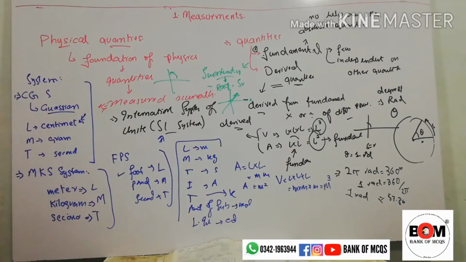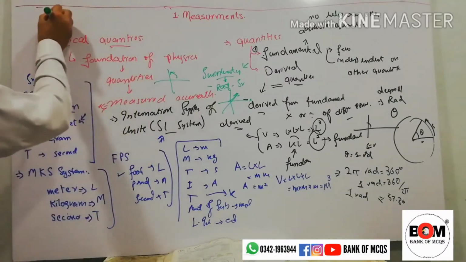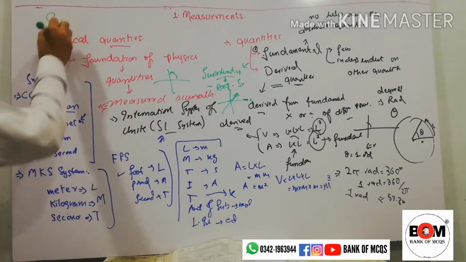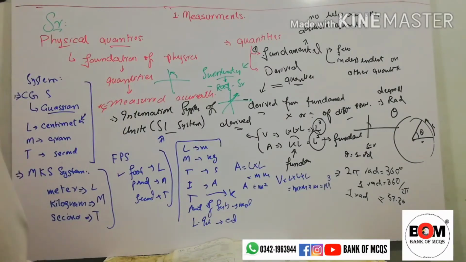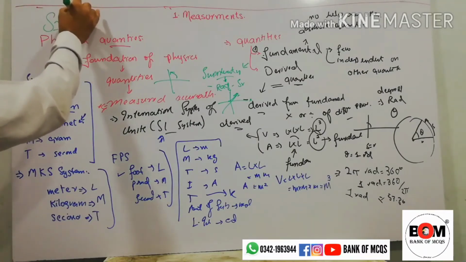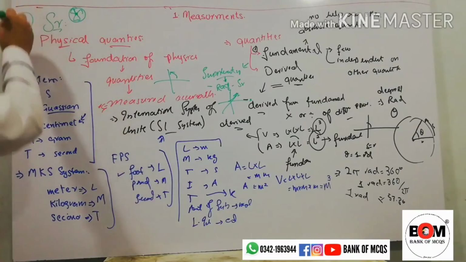Now for steradian, the unit is sr, which means steradian. Steradian is the angle subtended at the center of a sphere, instead of a circle. Sphere means a 3D object while circle is 2D.